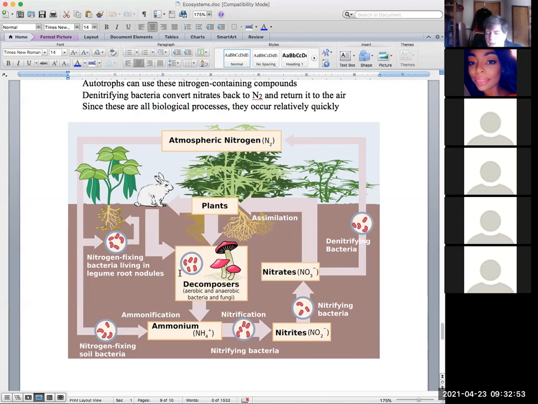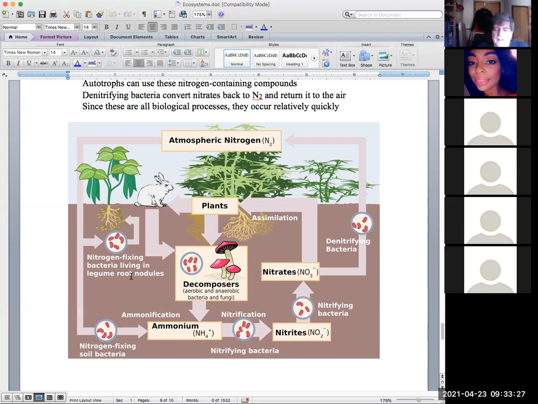Now notice ammonium by itself and nitrite by itself and nitrate by itself are not organic molecules, because remember, organic molecules have to contain carbon. So these have to be combined with something else to actually be an organic molecule. So these bacteria can take N2 and convert it to ammonium, or nitrite or nitrate. Some of these bacteria live in the soil.